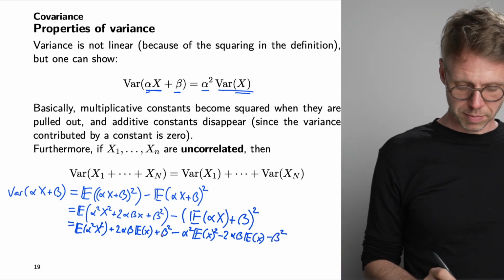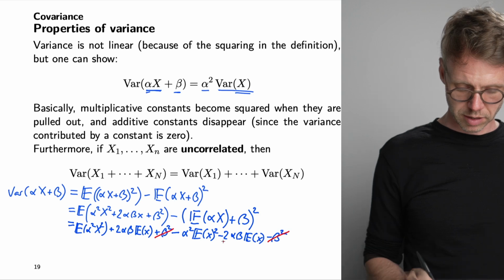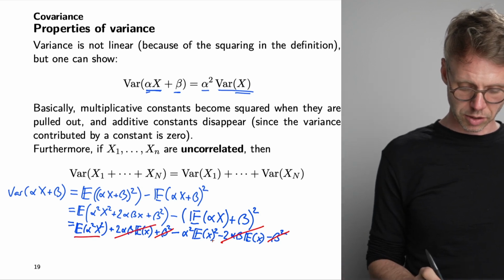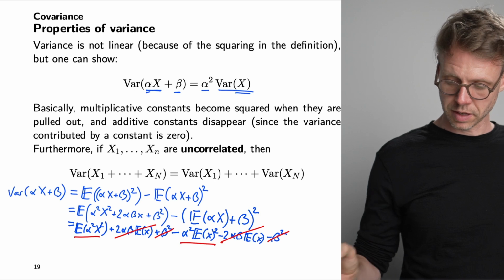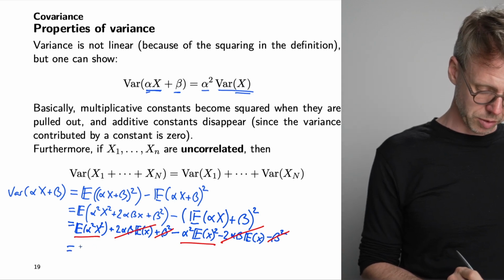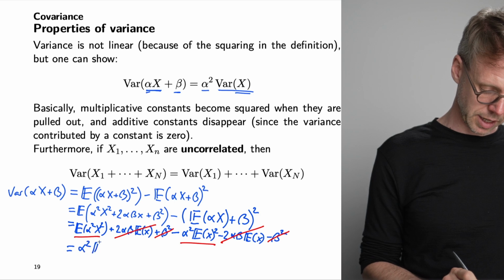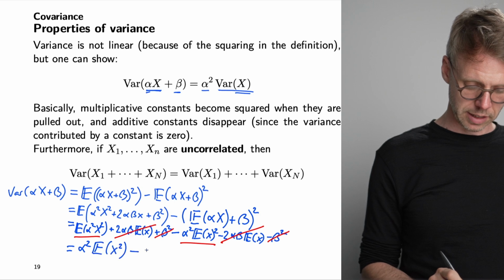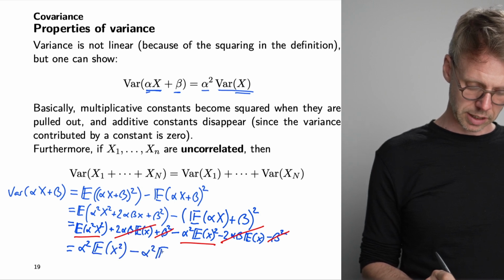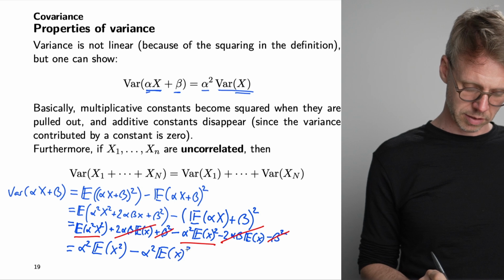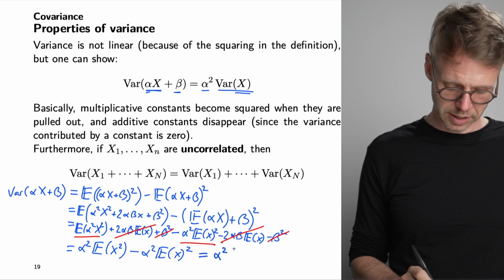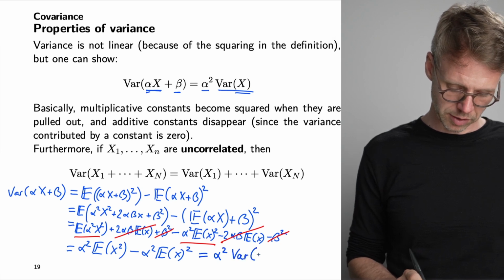We cancel a bunch of terms. So this goes away with this one. This term goes away with this here. And what we're left with is this term and this term. So this is equal to alpha squared times the expected value of x squared minus alpha squared times the expected value of x, squared, which is equal to alpha squared times the variance of x.